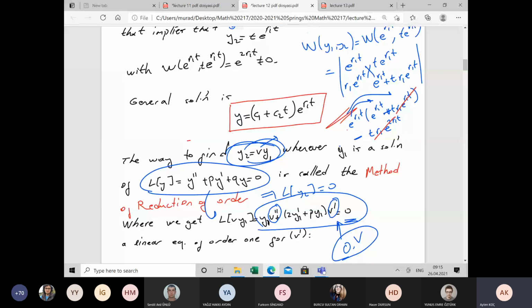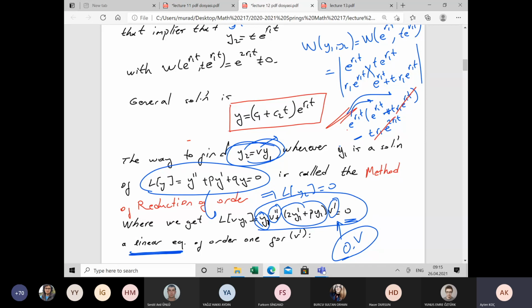So this is not a second order differential equation in v. It transforms into a linear first order differential equation, and linear because there is no v term here. It is a linear equation of order 1 for v prime.